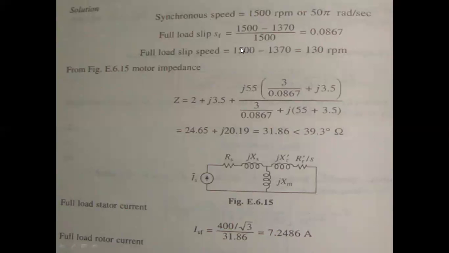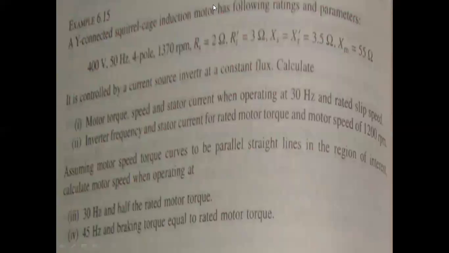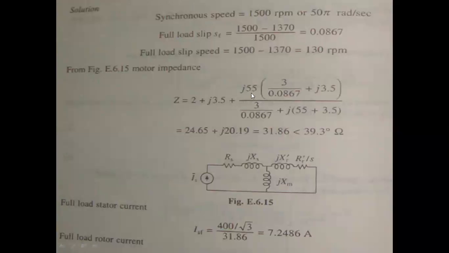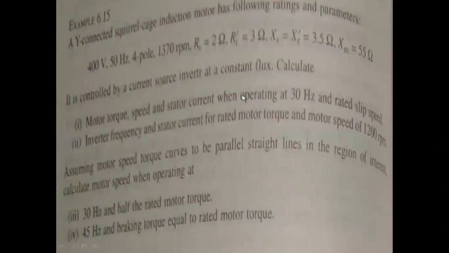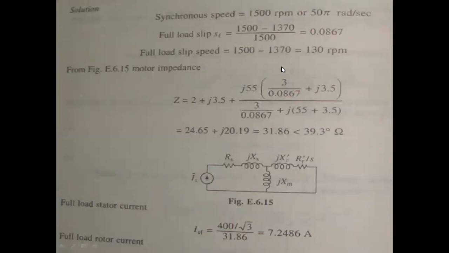We know from the figure in the theory the Z formula: Z is equal to RS plus JXS plus the parallel combination of JXM and RR dash by S plus JXR dash.